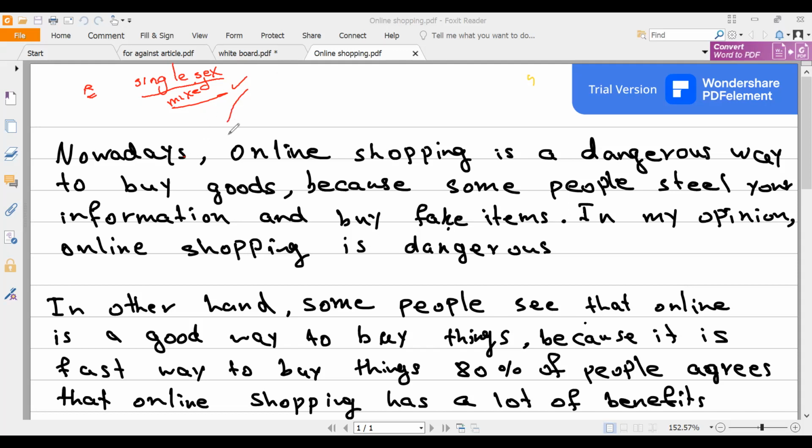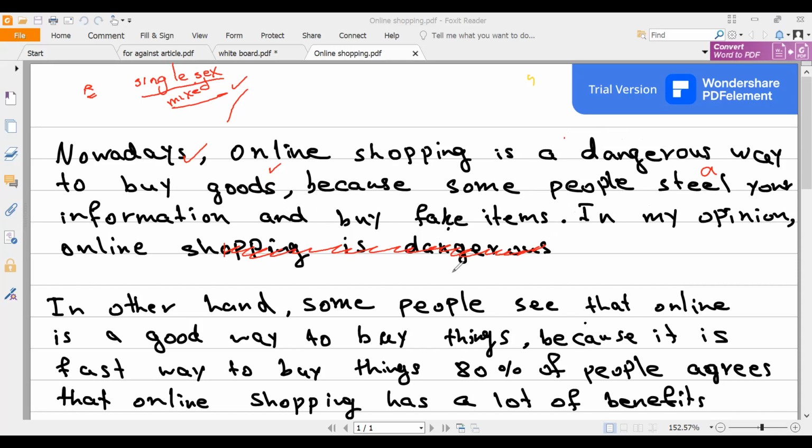Nowadays, online shopping is a dangerous way to buy goods. Good, because some people steal your information and buy fake items. In my opinion, online shopping is dangerous. You did say this already. You don't need to repeat it. You said here already, online shopping is a dangerous way to buy, in my opinion.